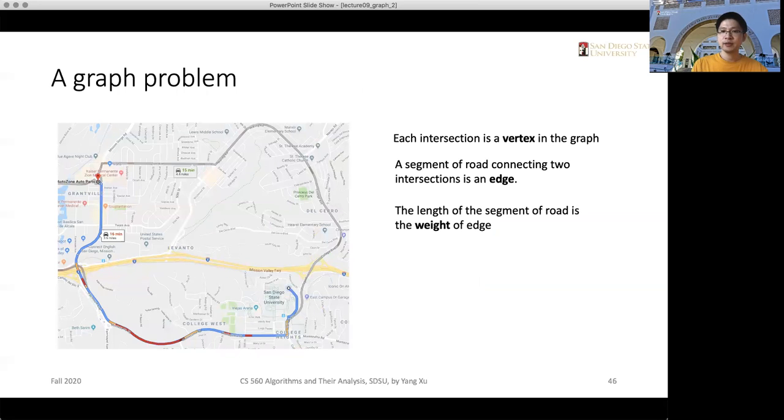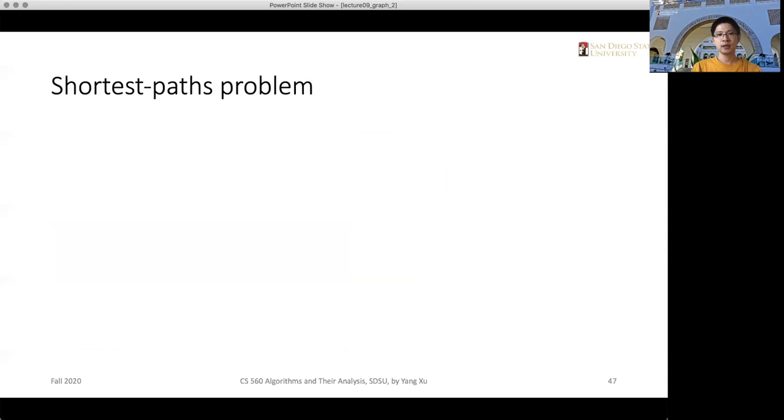The physical length or the traveling time can be represented by the weight. And the graph is typically directed because of the one-way roads connecting two places.